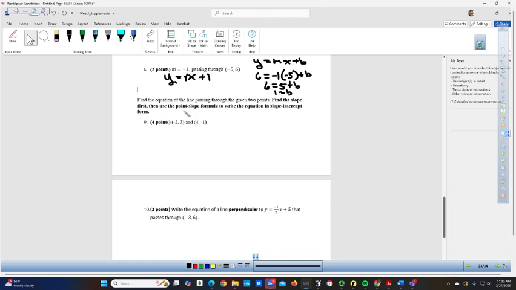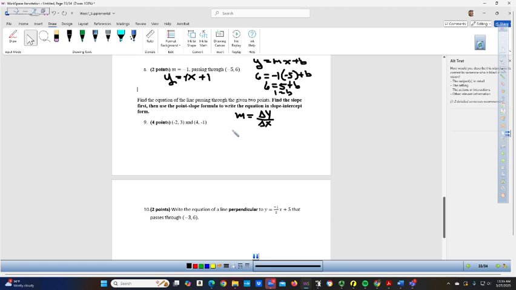All right, so question 9 says find the equation of a line passing through the given 2 points. Find the slope first, then use the point slope formula to write the equation in slope intercept form. We know our slope formula is our change in y over our change in x, right? And the reason I write it like this instead of y2 minus y1 over x2 minus x1 is because it doesn't matter which way you go.